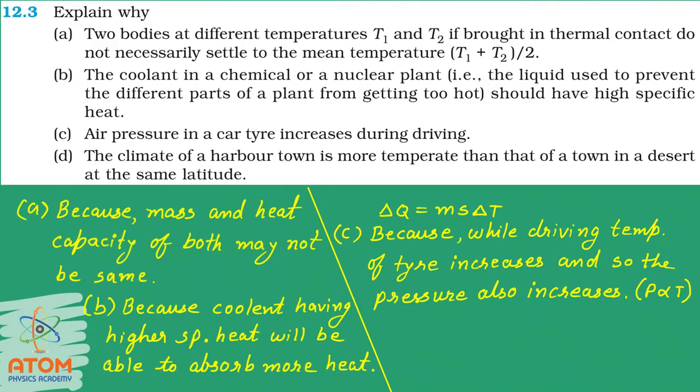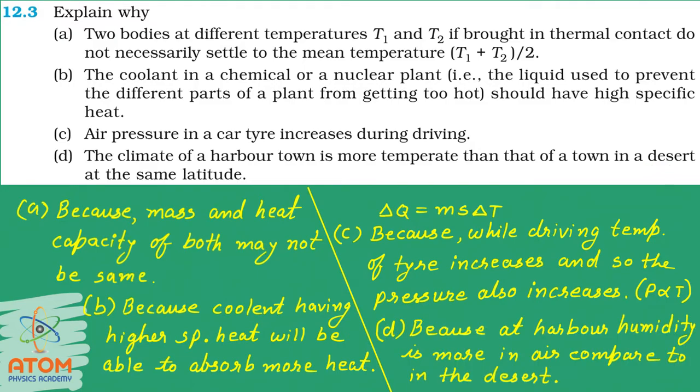If you don't consider the wind, you will find that the temperature at the harbour is larger than the temperature at the desert. Why is it so? The answer is amazingly wonderful. It is because at the harbour, humidity is more in the air compared to the desert. Obviously at the harbour, the humidity, that means the amount of vapor in the air, will be more than at the desert.